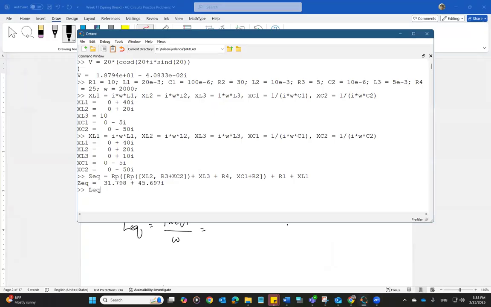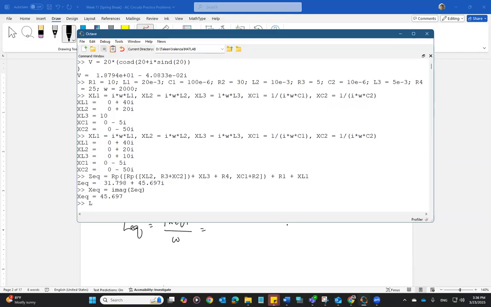So L equivalent is the imaginary part of Z. Let's do this. X equivalent is imag of Z equivalent. So 45.6. Imag, of course, is the function in MATLAB that extracts the imaginary component of the complex number.